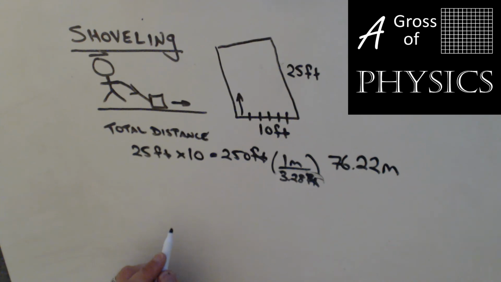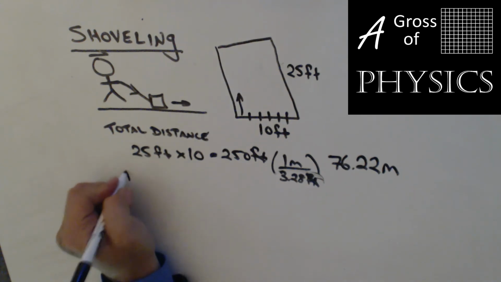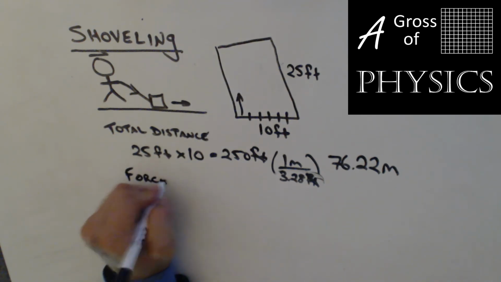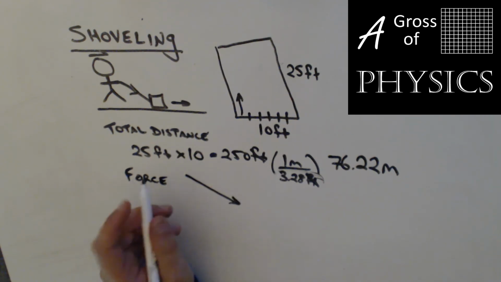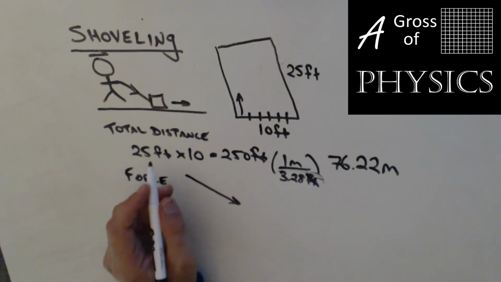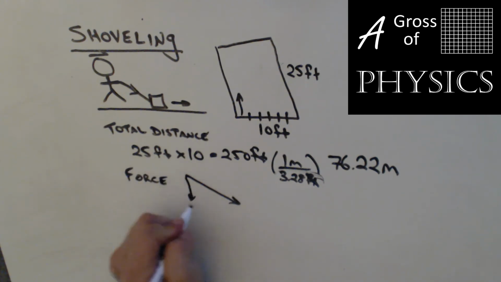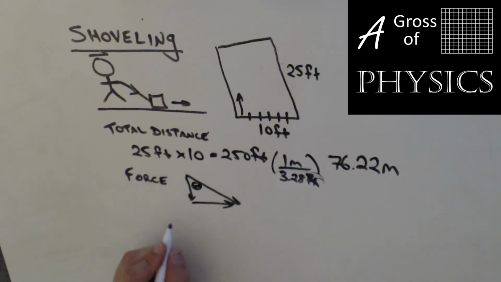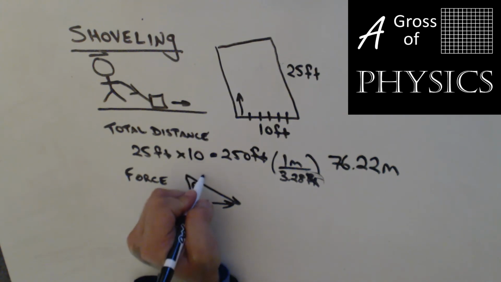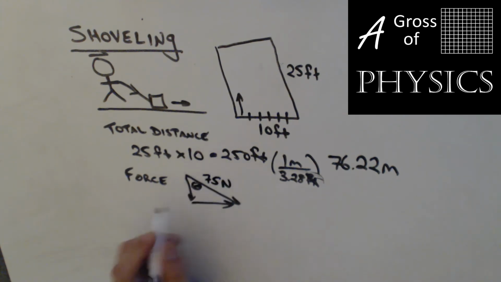Now, what about the force? The force is going to be applied along the handle, and that is going to produce an angle of some sort with the ground and with the handle itself. Now, like I said, we may be applying a force of a varying value depending upon the snow, but let's just assume it's 75 newtons.